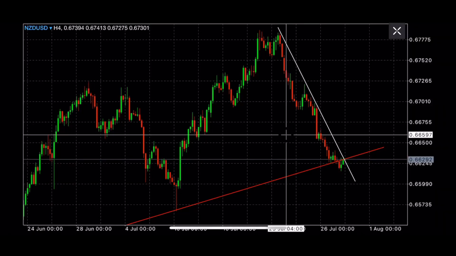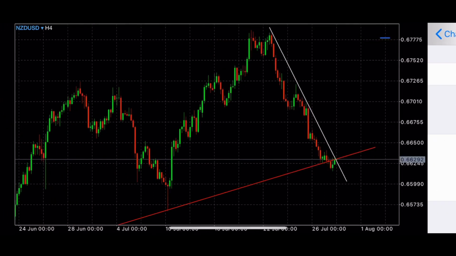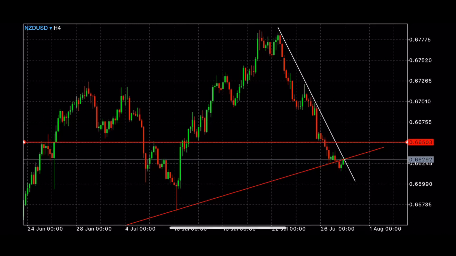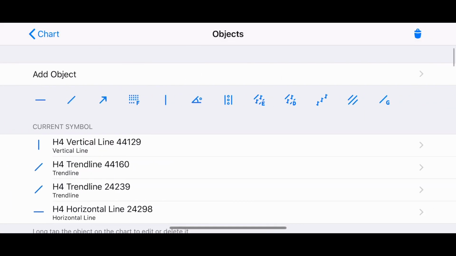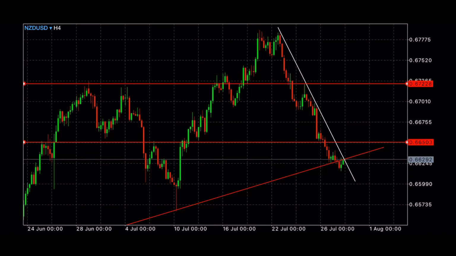Put a buy stop order at 0.66500, which is there, right? And the TP for that buy stop, I want you to have it at 0.67228, right? So that's quite a number of pips right there.